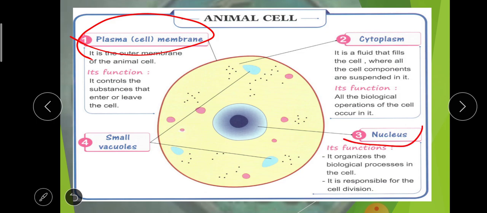After that, the nucleus, the brain of the cell. It organizes all biological operations in the cell, and it's responsible for cell division. Cell division, we said before, means one cell divides into two cells, each of them divides into two cells, and so on. Also the animal cell has small and many vacuoles.